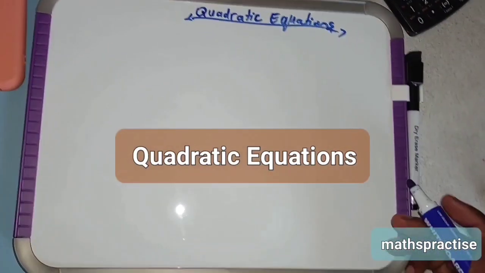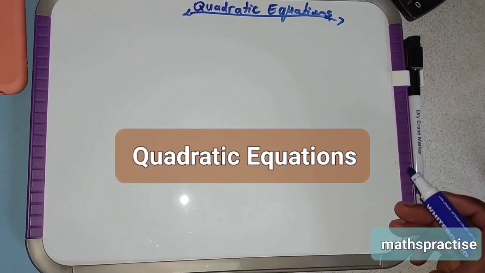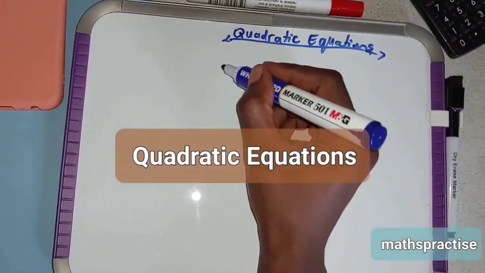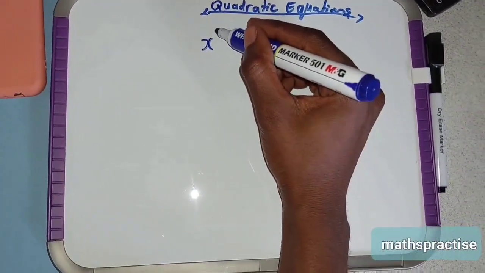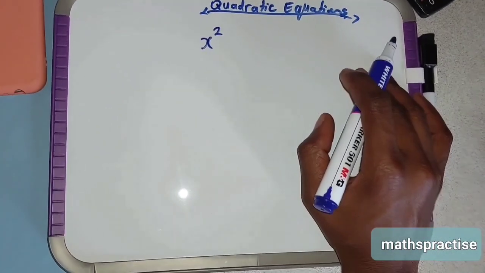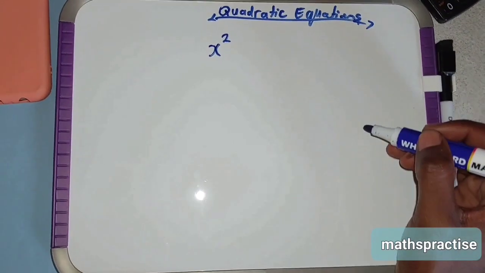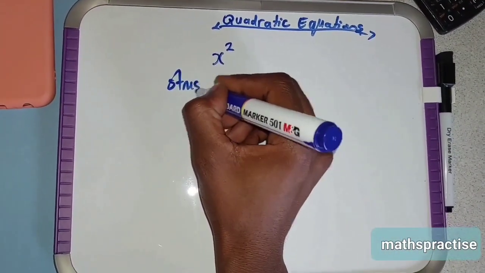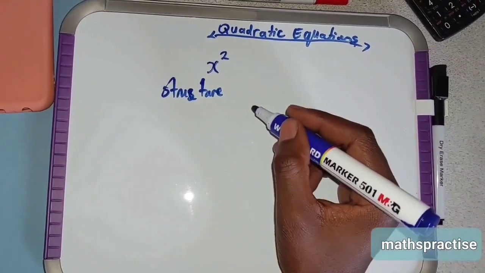So in quadratic equations, how do you identify that this is a quadratic equation? You see an equation that has x, and the highest power of x will be 2. And also, the general structure of a quadratic equation must be, let's just say, structure, okay.